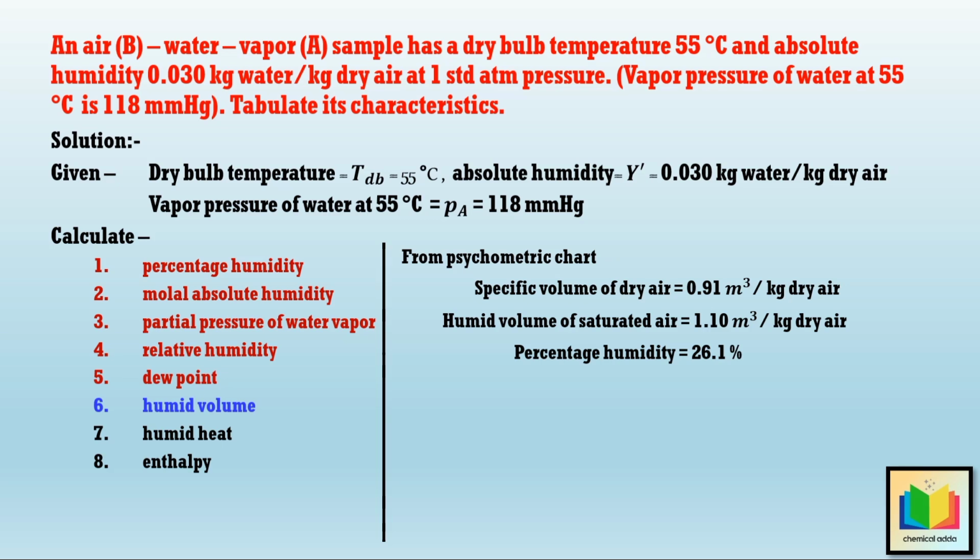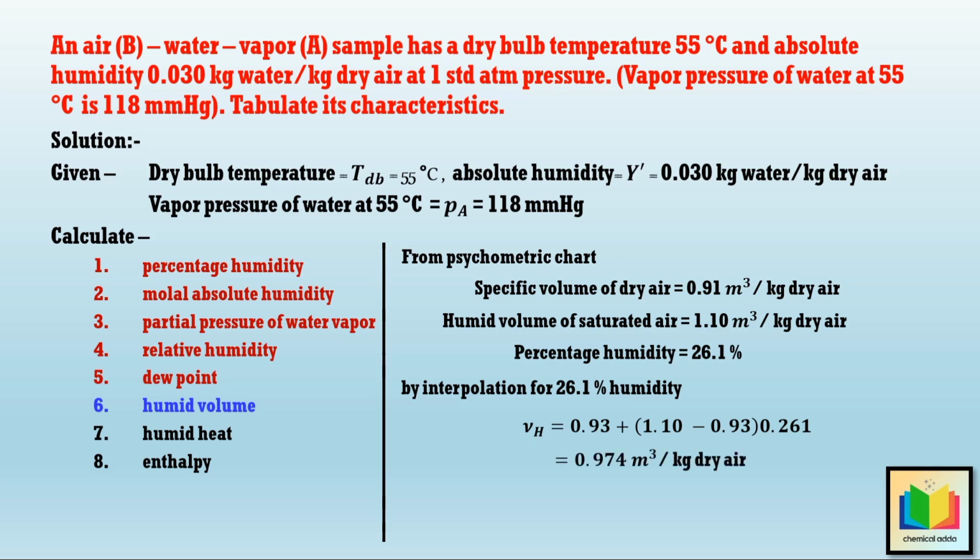Hence humid volume of sample air is obtained by interpolation for 26.1% humidity. Hence, we can calculate it as VH is equal to 0.93 plus 1.10 minus 0.093 into 0.261. After solving it, we get humid volume of sample air is equal to 0.974 meters cube per kilogram dry air.